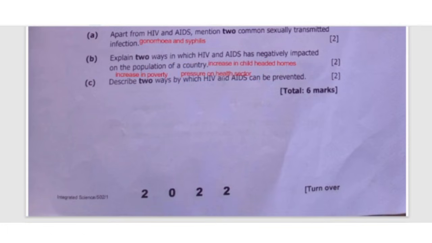The other point, even if I'm not going to include it here, is that even if you are not infected, surely you are affected. There is also pressure at work. If someone has HIV or AIDS, that person is going to be a perpetual absentee, not by will, but because this person will often be sick. When he's sick, he cannot come and work.